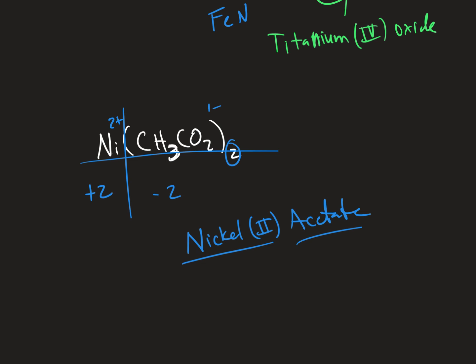I have a question. Where did the -1 on top of acetate come from? It comes from knowing that acetate is a 1- charge. Oh, right. Yep, you gotta know it. It's part of the polyatomic ion, you just have to know it. We're not gonna go into the details of why it is, but you just have to know it.